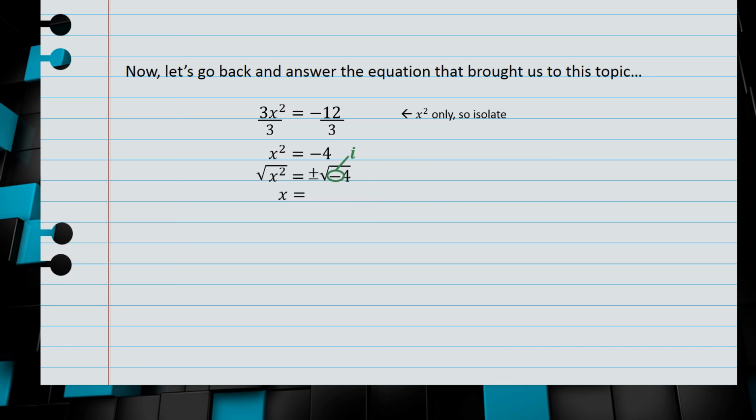Now we're left with the square root of 4. What's the square root of 4? 2. So we're left with plus or minus 2i. And again, we do need to separate this into separate answers. So we would have the positive version, which would be x equals 2i, and the negative version, x equals negative 2i. And these would be your two solutions.